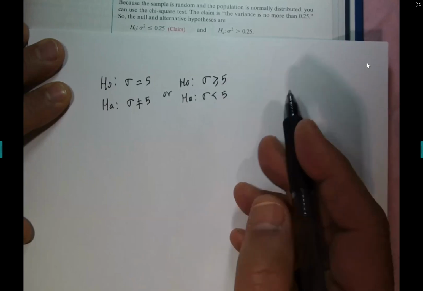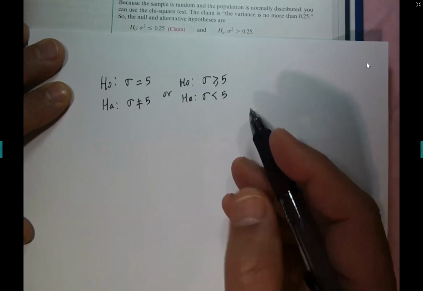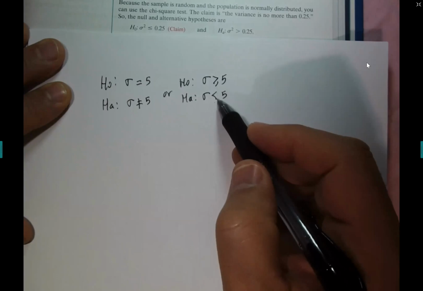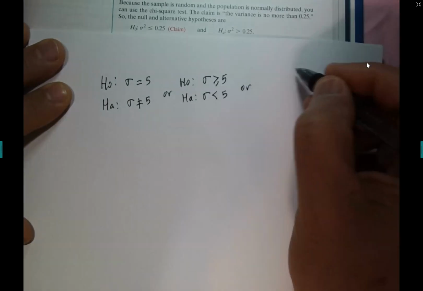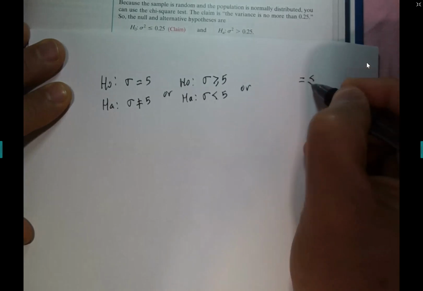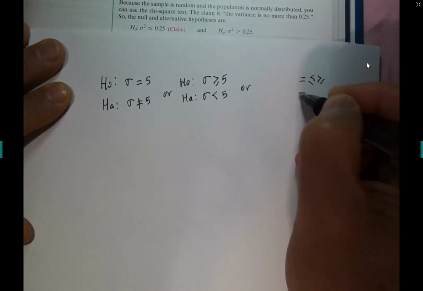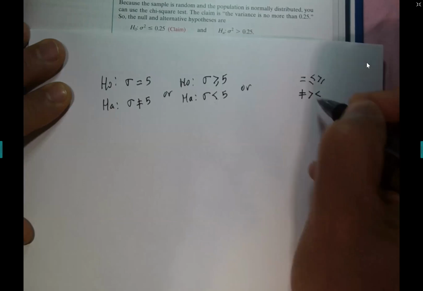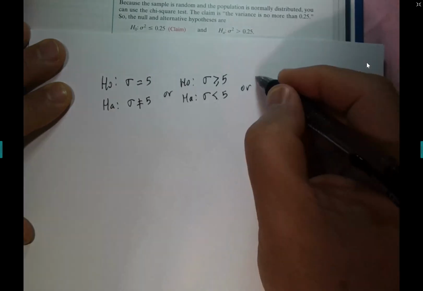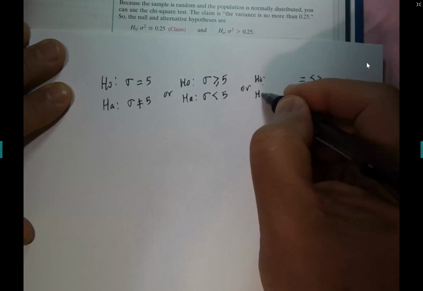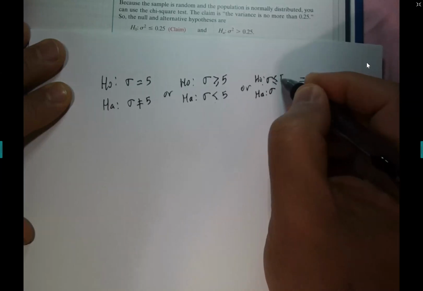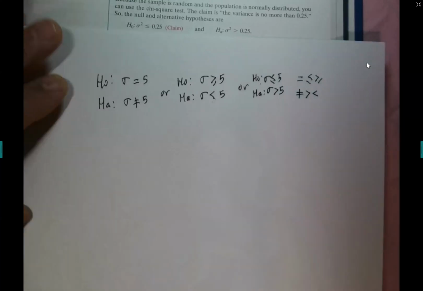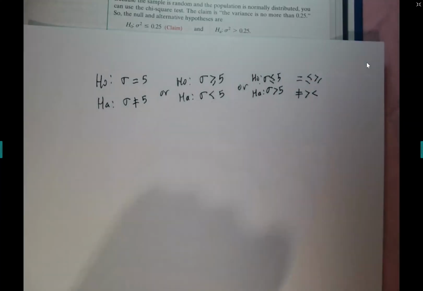I checked the practice of some students and they were mixing up the null and the alternative. Don't mix up the null and the alternative. The null must have one of those signs. And the alternative must have one of those signs. You cannot switch them, guys, never. Or sigma less than or equal to 5 or greater than 5. I'm just making up stuff. So these are the scenarios to set up the standard deviation, guys.